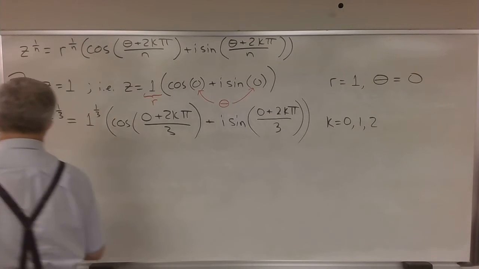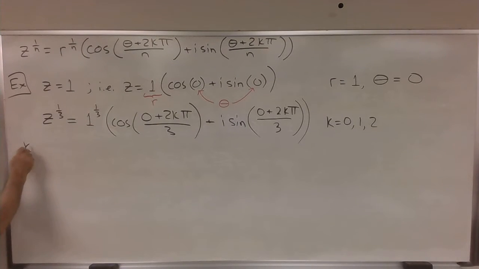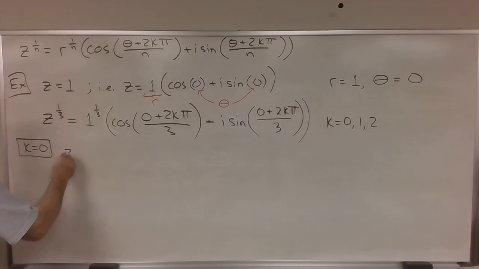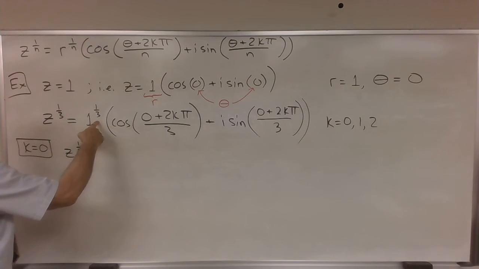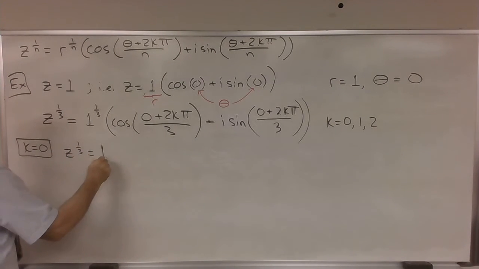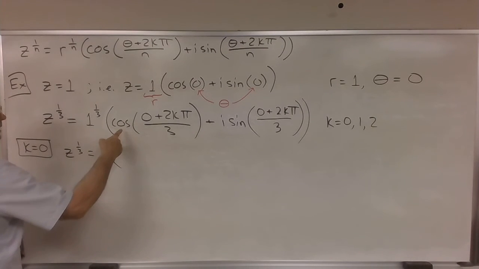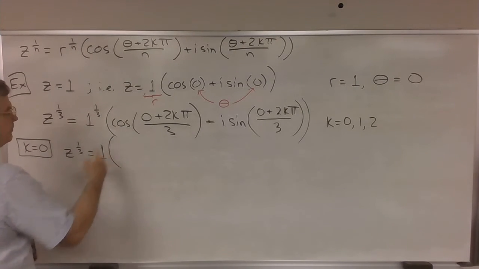Okay, k equals 0. We get the real cube root of 1, which is just 1, times the cosine.